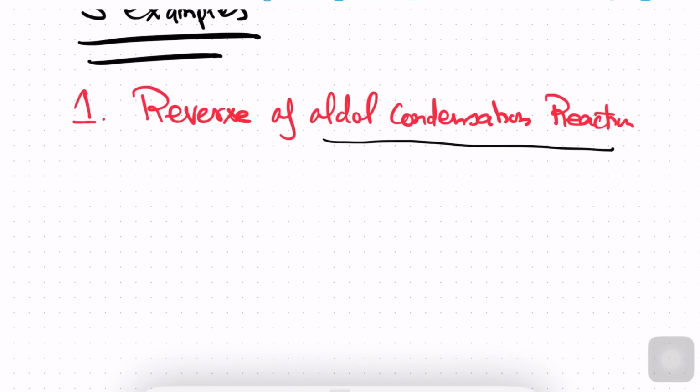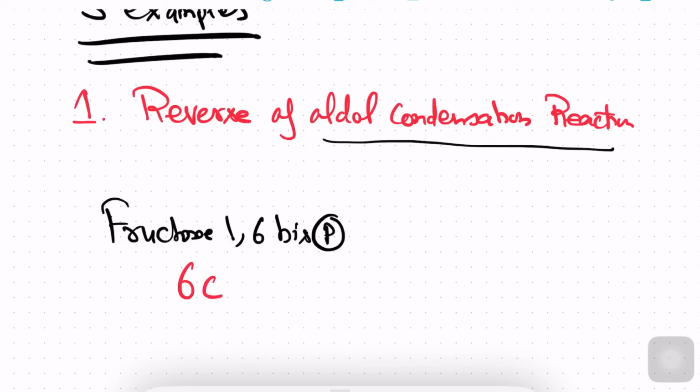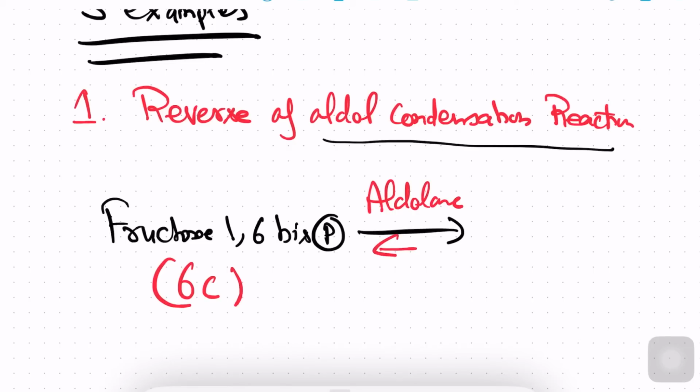So here, if you remember the steps of glycolysis, glucose is metabolized to glucose 6-phosphate, glucose 6-phosphate is metabolized to fructose 6-phosphate, and fructose 6-phosphate is metabolized to fructose 1,6-bisphosphate. Now here the fructose 1,6-bisphosphate is going to have 6 carbon. It will be metabolized by the action of the enzyme aldolase. Yes, this reaction can occur in the reverse direction also.